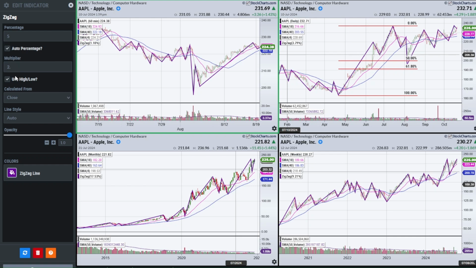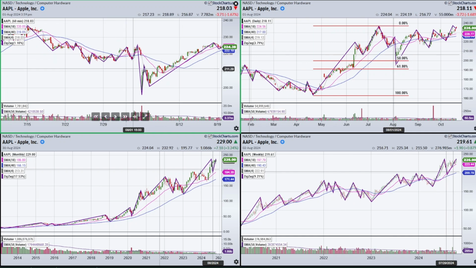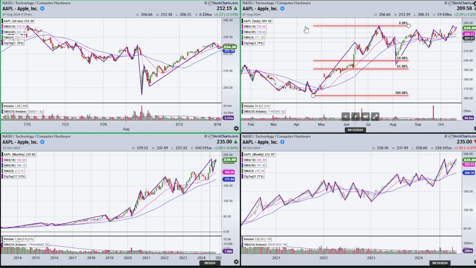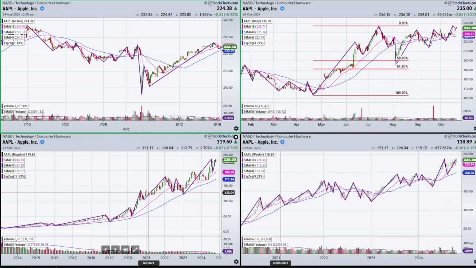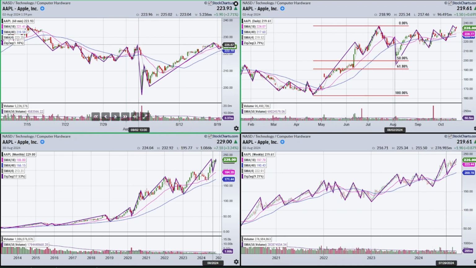Now, the reason why I switch this from 2.5 to 2 is based on my style and what I'm trying to do when I'm looking for multiple time frame confluence. I need a little bit quicker reactivity in the swings. I need a little bit more aggressive reversal points than the 2.5.